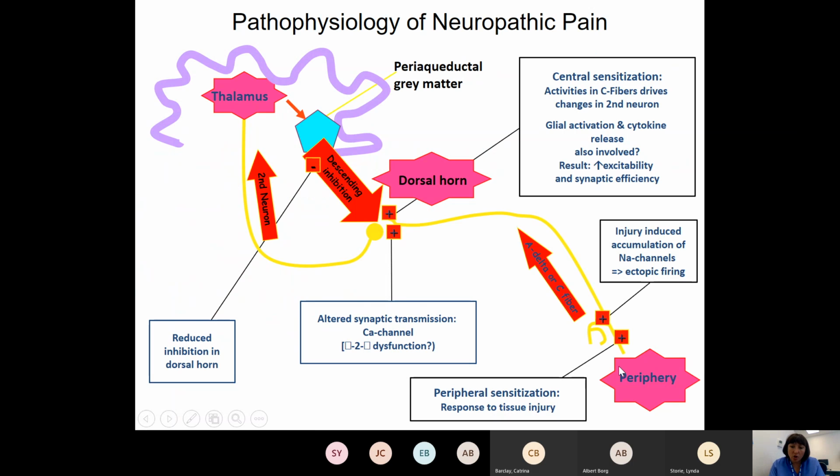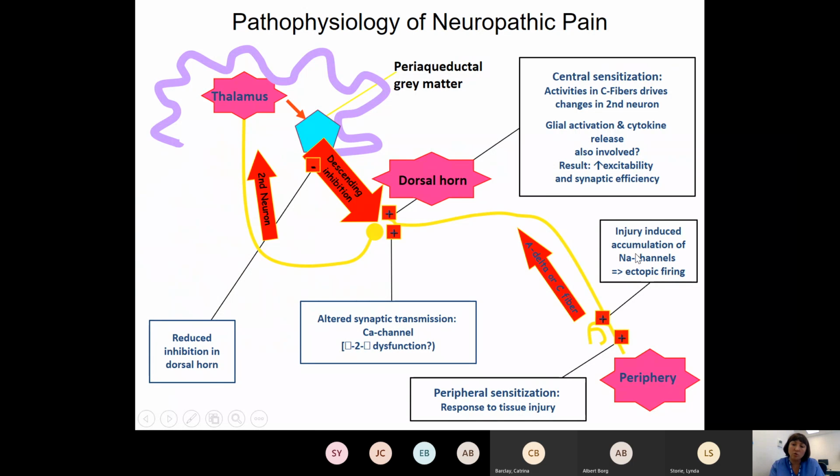So we just want to show where neuropathic pain comes into this very simplified diagram that we showed at the beginning. When we've got persistent tissue injury that is not healing, we get excitatory input into this feedback.